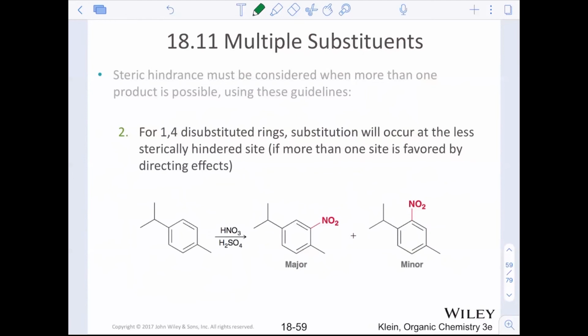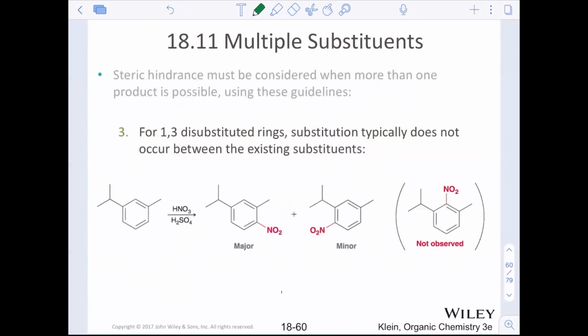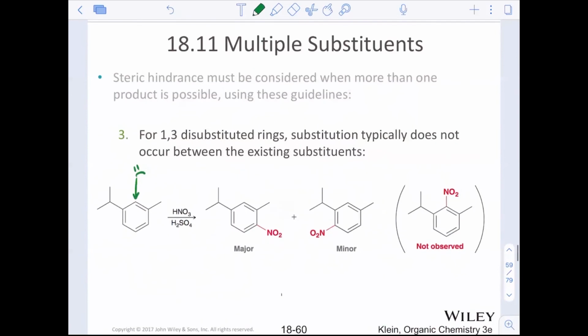For 1,4 disubstituted rings, substitution will occur at the less sterically hindered site if more than one site is favored. All right. And for 1,3, for meta benzenes, when you're trying to put on a third substituent, just note that putting it right here is not going to happen, right? Not observed. Putting it on the position right in between, on the number 2 position, you'll actually never get that product.